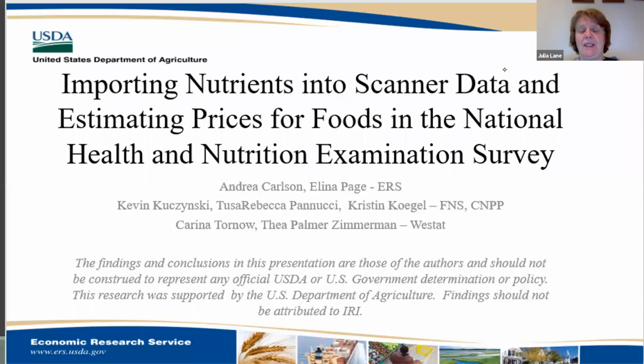So scanner data, which is generated from the scans when you go in and you purchase something at a retail or a grocery store. So essentially what it does, when you think about this, the receipt that you get, the scanner information captures the price and the quantity of every single thing that you purchased.